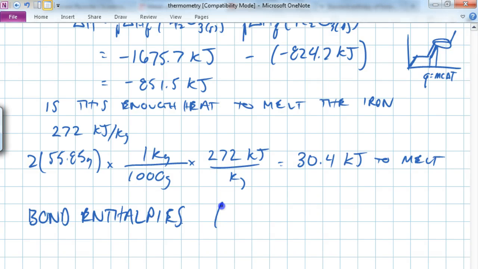It's set up so that it has like elements listed across the top and the same elements listed down the side, and so you can figure out the enthalpy of a single bond between any 2 elements on that table. What we're talking about here is that the bond enthalpy is delta H when 1 mole of bonds is broken in the gas state.